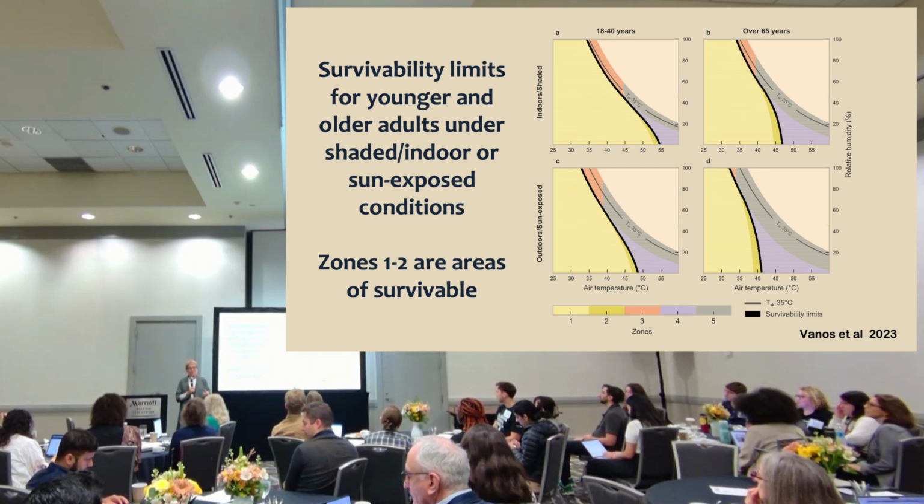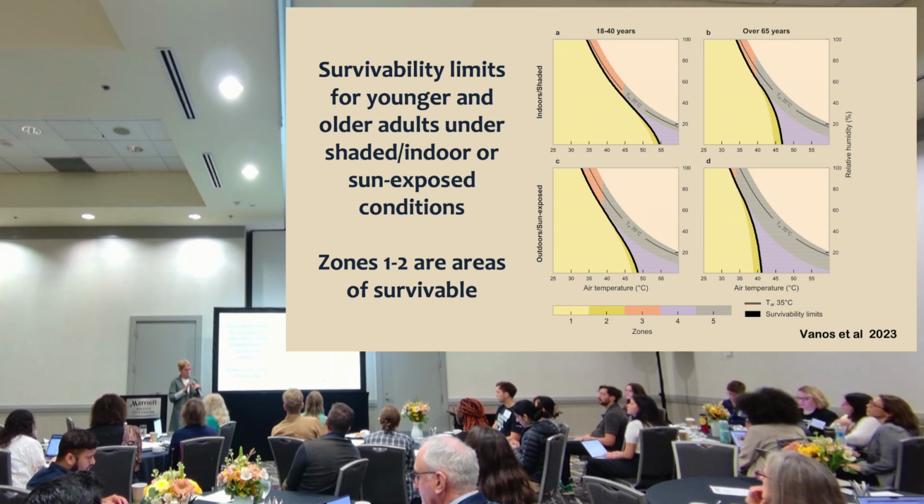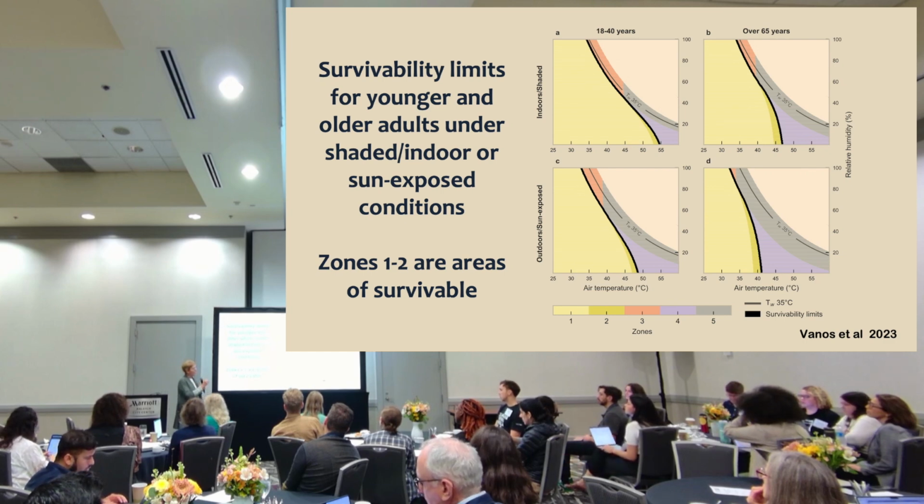And that's the other thing that's important when you look at these studies: the survivability limits are different in different age groups. A critical factor in the thermal physiology is how physically fit people are. So physically fit people do better under more extreme conditions than people who are not physically fit.